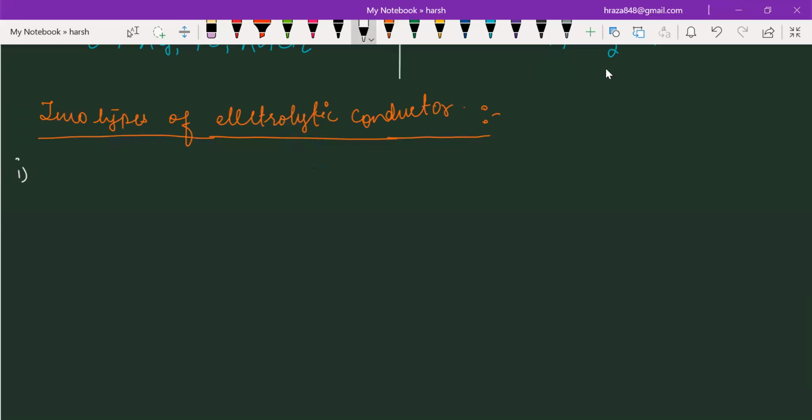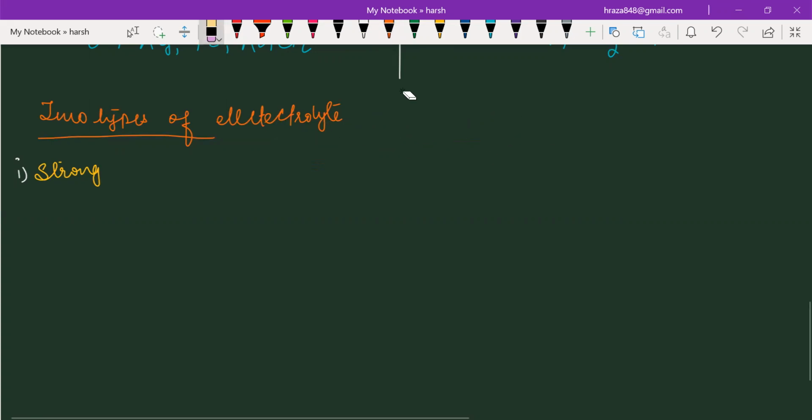Basically, the first one is a strong electrolyte. Wait a minute. Just write two types of electrolyte. The first one is basically a strong electrolyte, and the second one is a weak electrolyte.